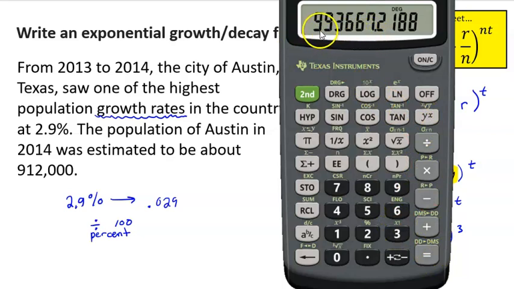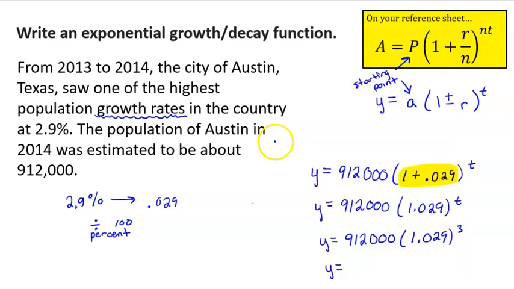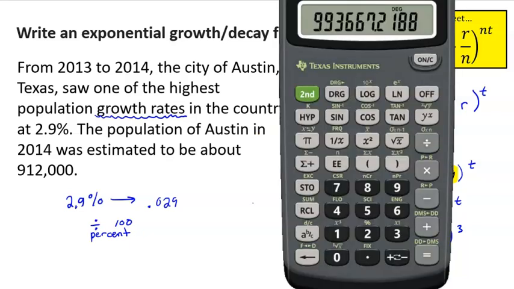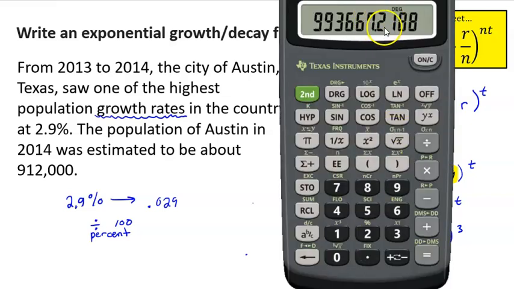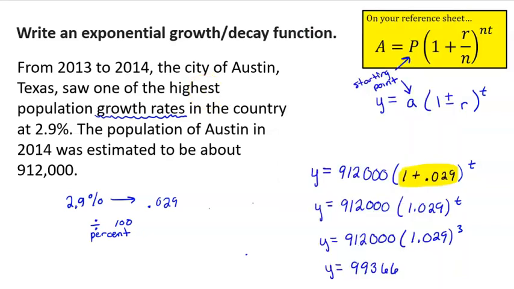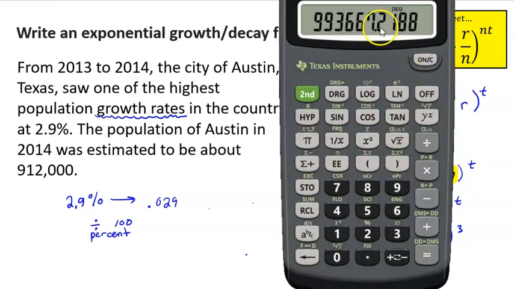So my new population would be 993,66. And then if they asked us just to round to the nearest person, depending on who is writing your exam, sometimes they'll actually have you round this up because we can't have 0.2 people, and so you'll often see it written where even though we would normally round that 7 down and just keep it at 7, they would actually have you round it up to 8.